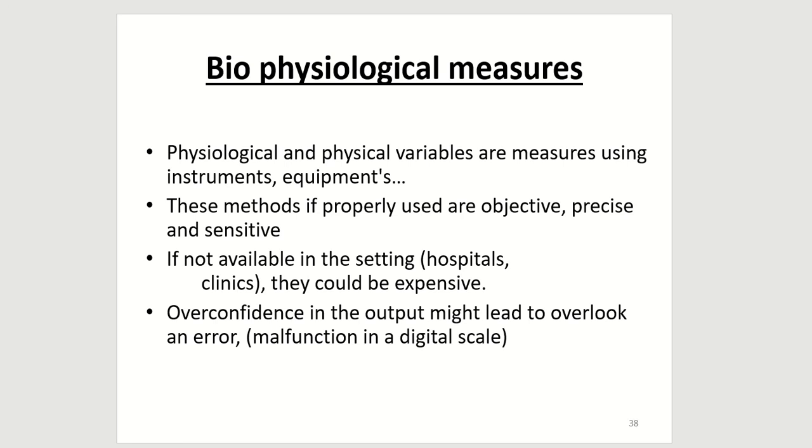And one issue that we need to make sure of when you're doing biophysiological data collection is validating your tool. Your scale might be malfunctioning, and therefore you need to calibrate it every time. Make sure that it's working appropriately, because you may easily overlook errors just because you have very much confidence in your instrument.